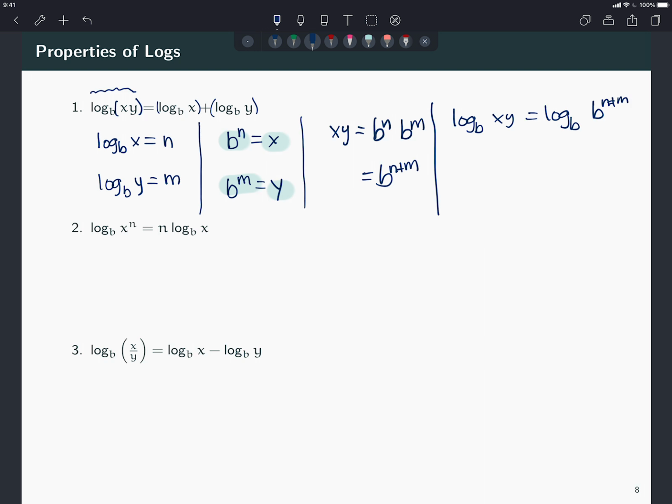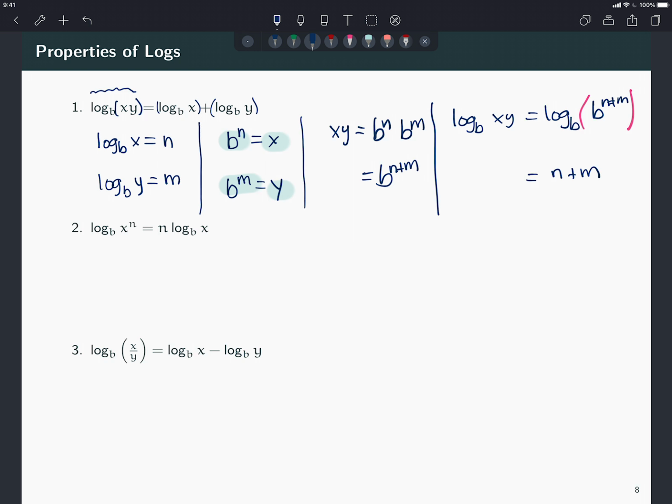So again, we're at the point where I want to find what power I must raise the base b to in order to get this quantity. Well, it's already written as a power of b, so that is n plus m, right?